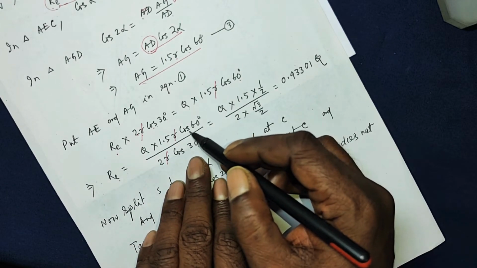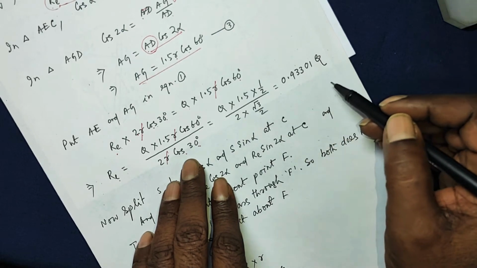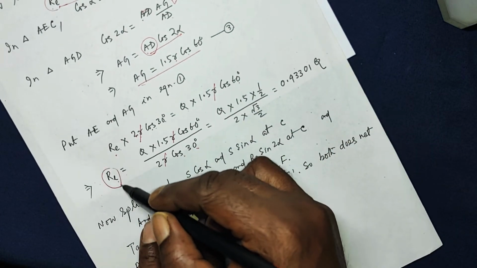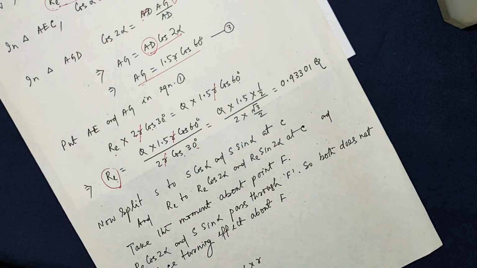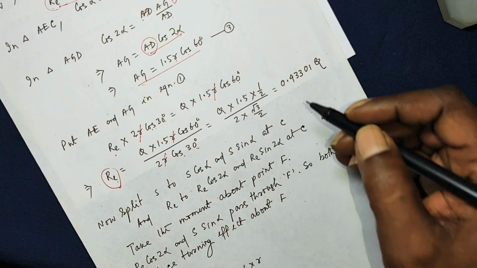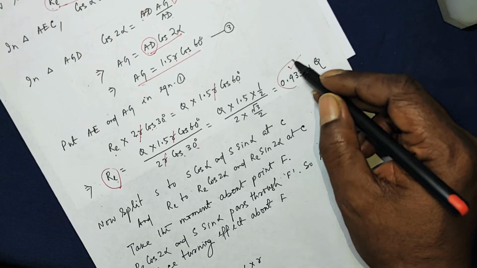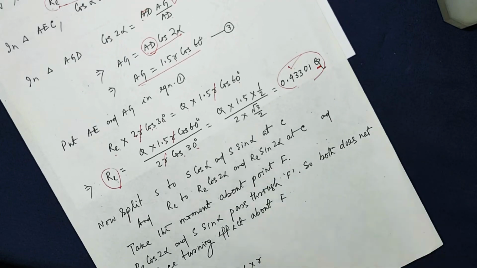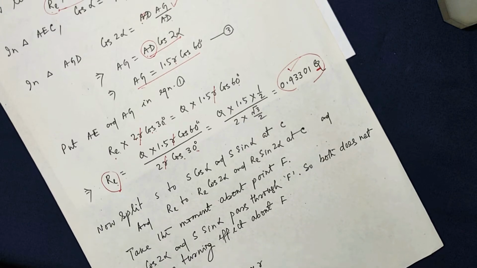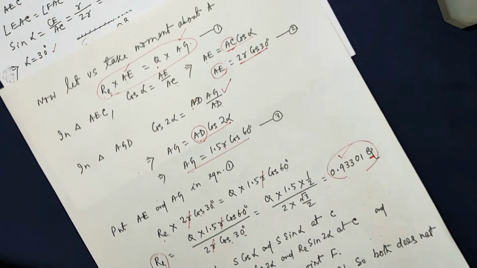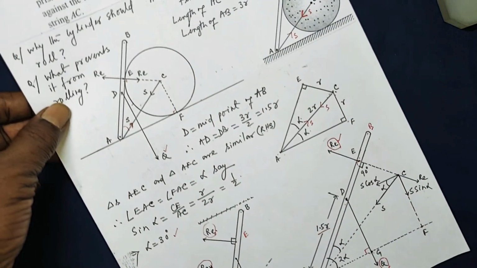Now put the value of cos 60, cos 30. So we get the reaction force RE is equal to 0.43301 times the weight of the prismatic bar, that is Q. Now we have to again apply the principle of moments to the point F.